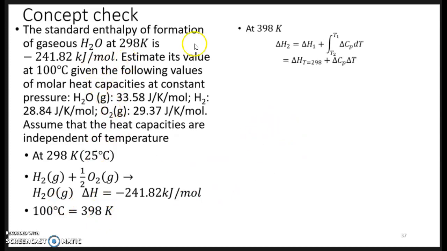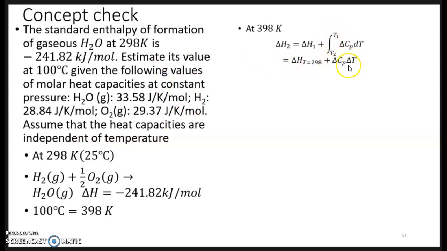So let's see. At T2, we have delta H2. This is our Kirchhoff's law. Apologies for this again, I think this is because I copied and pasted it. So this is T1 and T2. Because Cp is independent of temperature, we have this equation.